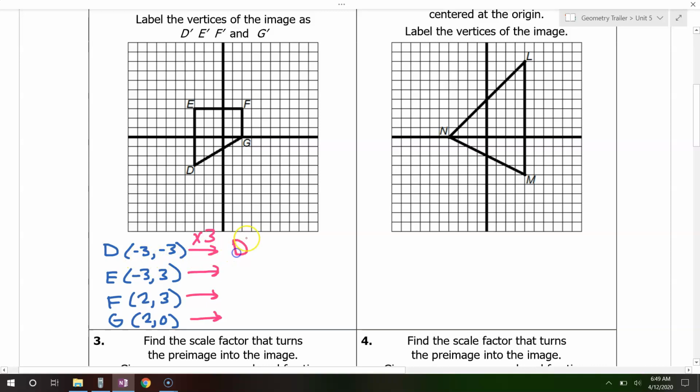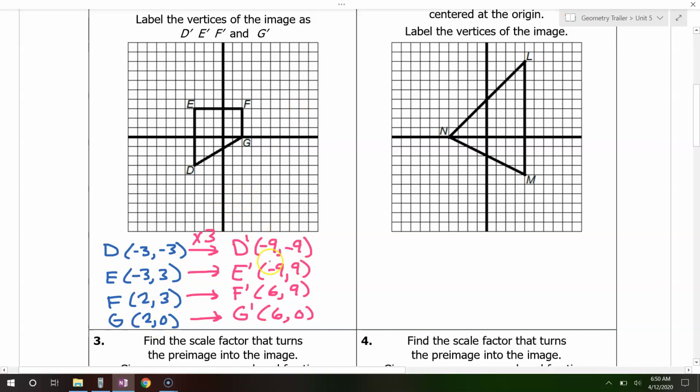So that's why D prime is going to be -9, -9. And E prime will be -9, +9. F prime will be 6, 9. And G prime will be 6, 0. Just simply multiplied everything by 3.